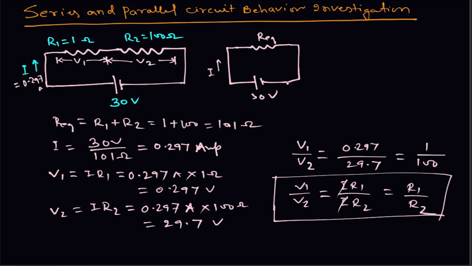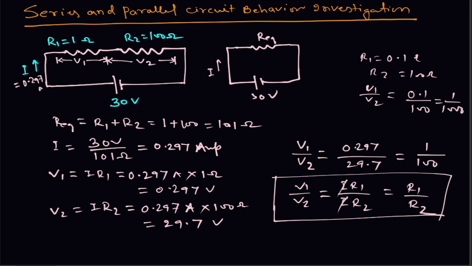And if this resistance is even smaller, suppose R1 is equal to 0.1 ohm and R2 is equal to 100 ohm, then what will be the voltage drops V1 and V2? We will take the ratio V1 divided by V2, which is equal to R1 divided by R2, that is 0.1 divided by 100, that is 1 by 1000. Then you can see that this voltage will be 1000 times the voltage drop across R1 if R1 is 0.1 ohm.